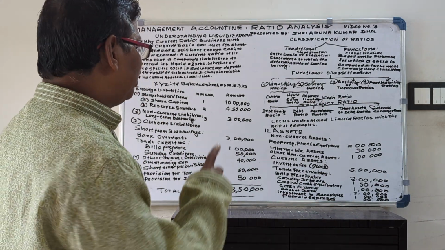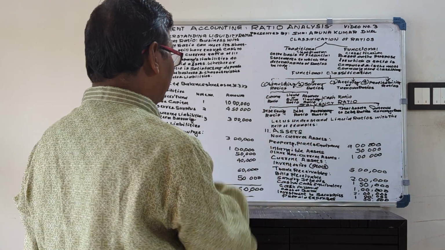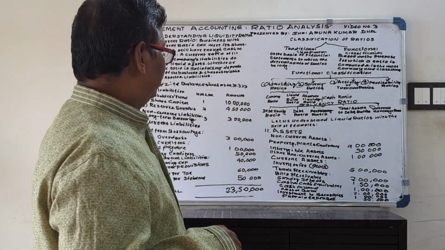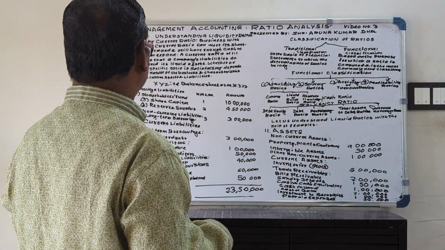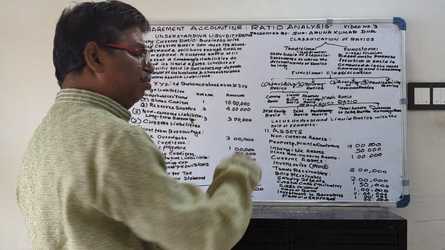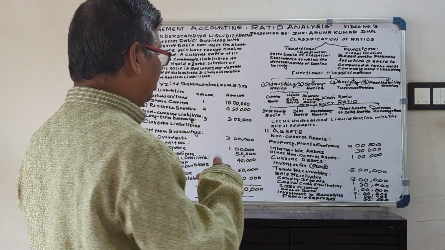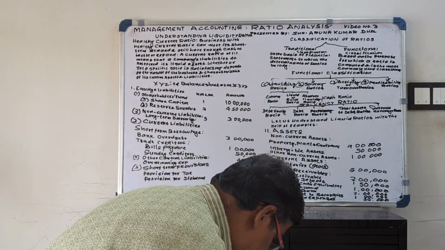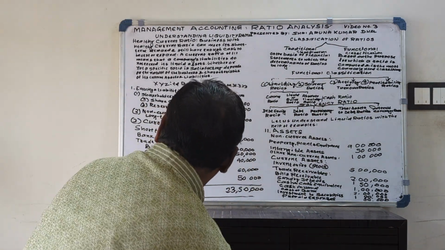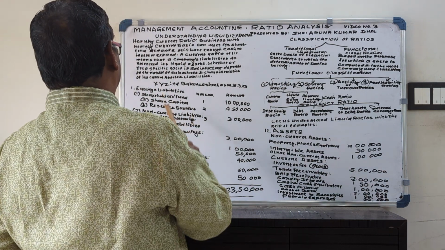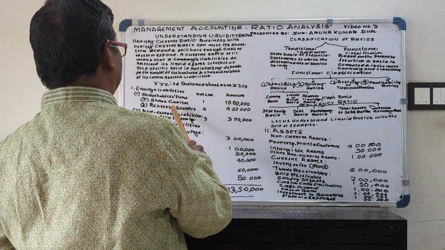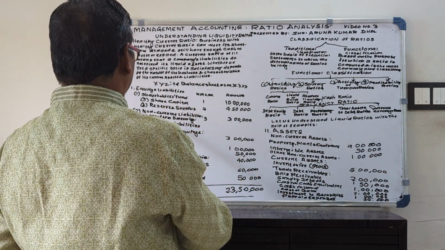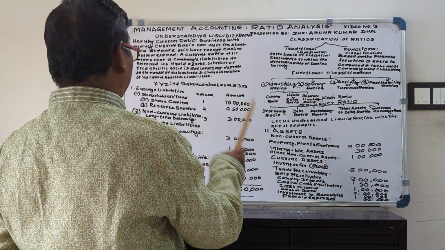Let us understand the liquid ratio with the help of this balance sheet. It is prepared in a vertical manner according to the Companies Act 2013. Here it is given: equity and liabilities, shareholders' funds, that is share capital, reserves and surplus. Non-current liabilities like long-term borrowing.